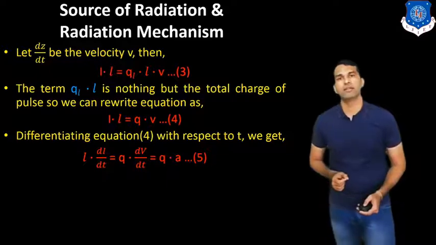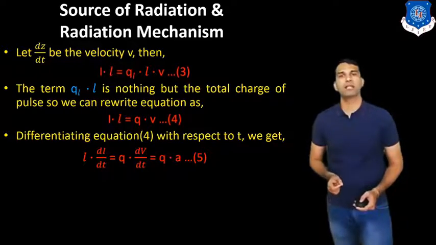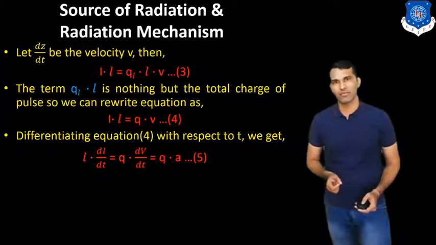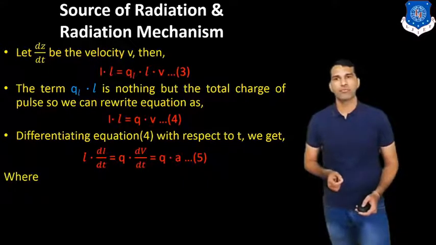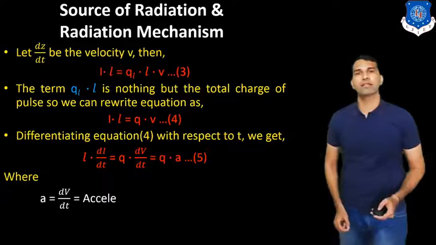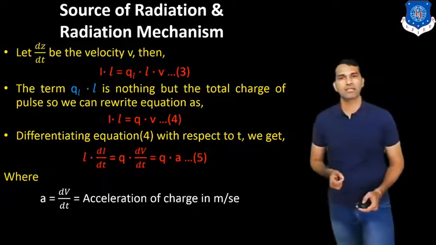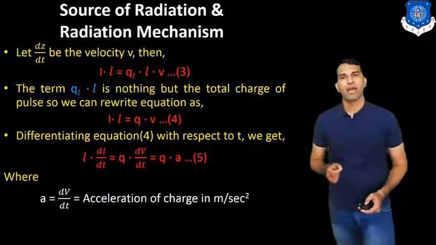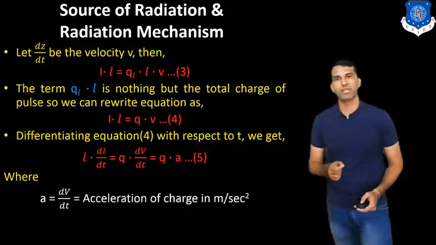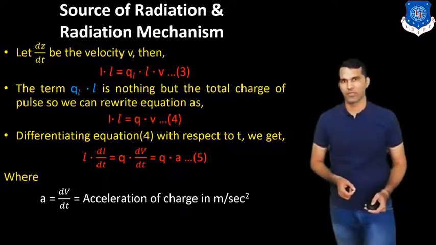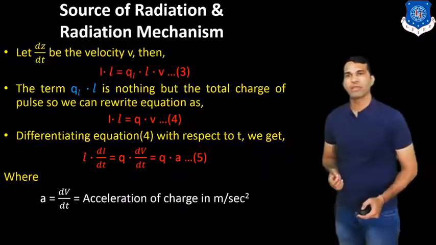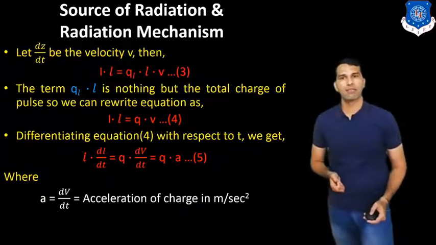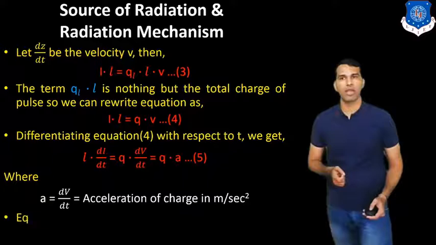We know that dv by dt is nothing but the acceleration, so we get a. Here a indicates that dv by dt is the acceleration of the charge, and the unit of acceleration is meter per second squared. So finally we get the equation L di by dt is equal to Q times a.